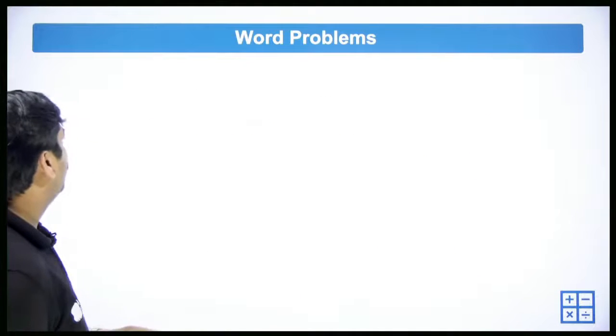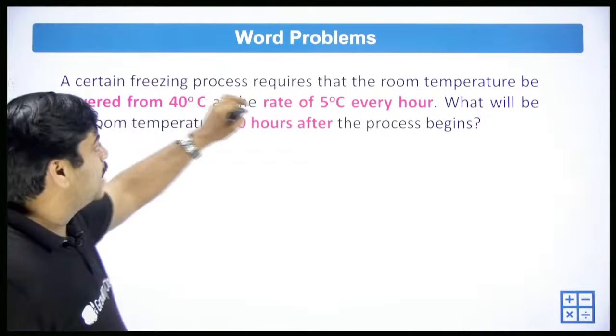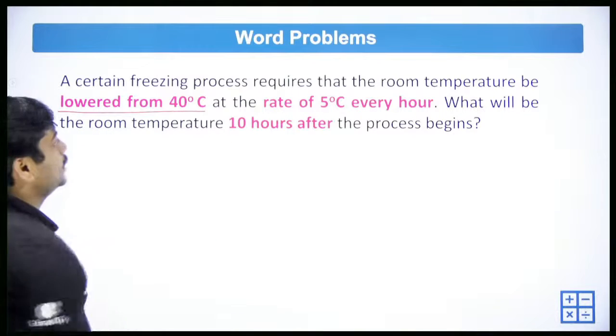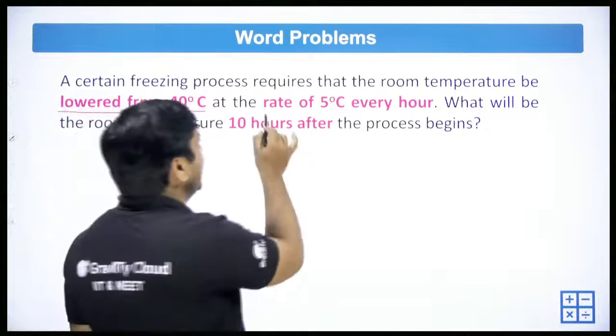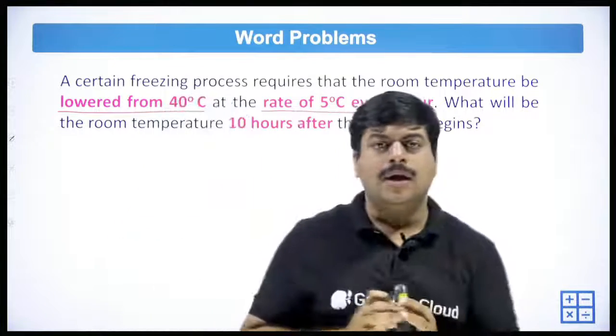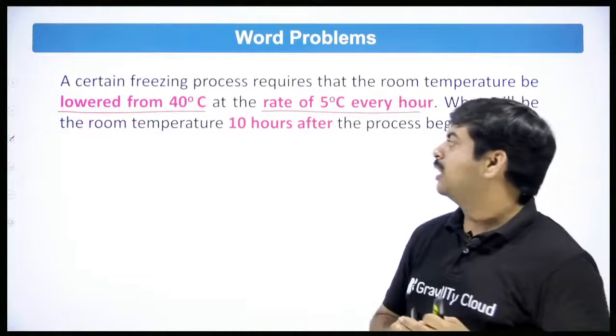A certain freezing process requires the room temperature be lowered from 40 degrees at the rate of 5 degrees Celsius every hour. So there is some process going on, a freezing process. What is the condition there?